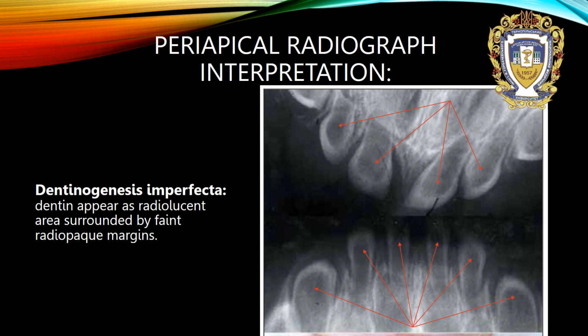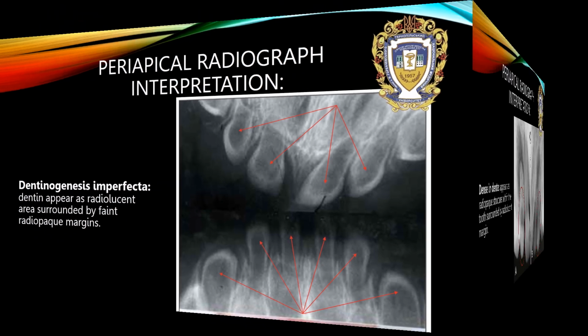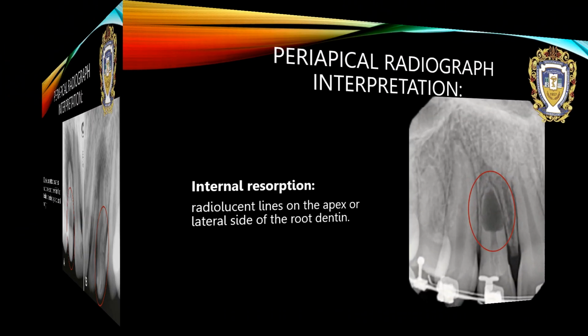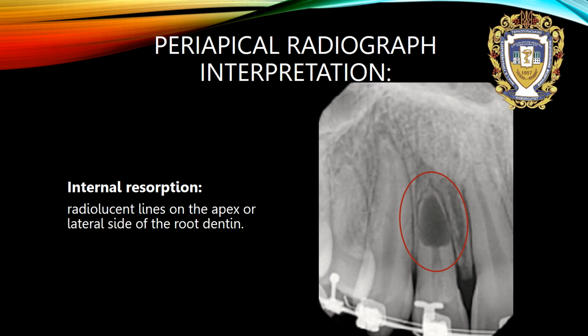It is a systemic disease. Dens in dente appears as a radio-opaque structure within the tooth surrounded by a radiolucent margin. Internal resorption: radiolucent lines on the apex or lateral side of the root dentine.